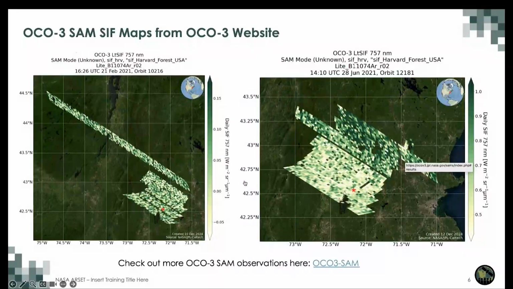You can see during the wintertime, the SIF values are much lower because of lower productivity, while the right has much higher SIF values. And I can also see this spatial gradient. It has much higher values over the top right corner, indicating higher productivity of the plants.